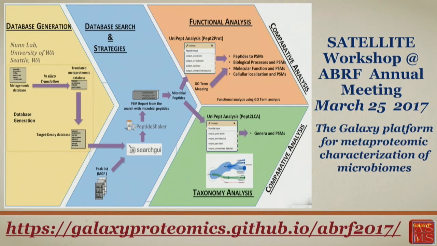And at the other end, for functional analysis, we could extend the capabilities of Unipept to not only perform taxonomy, but also perform functional analysis on smaller data sets. Again, this was because of the help and work that was done by the Unipept developers, and this kind of helps us to get a slightly more extended pipeline than we had earlier.